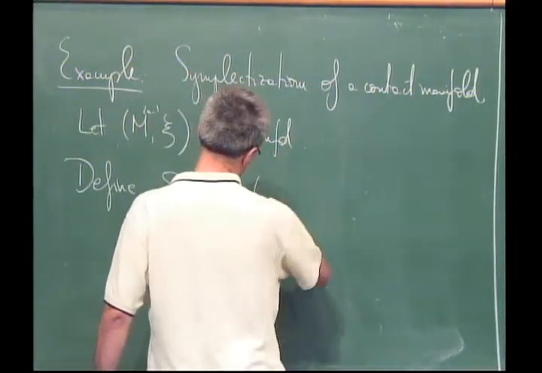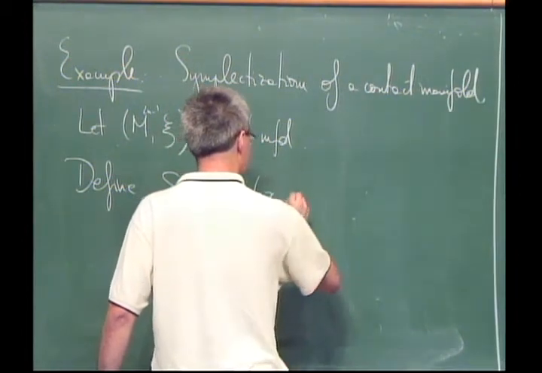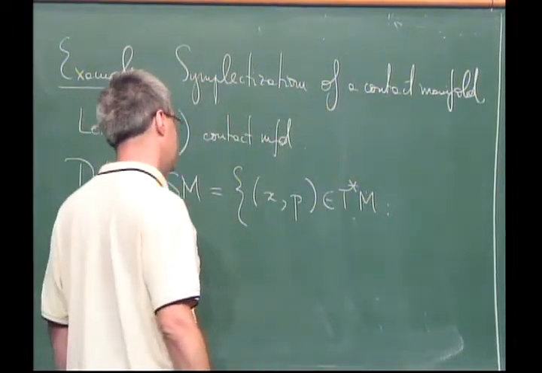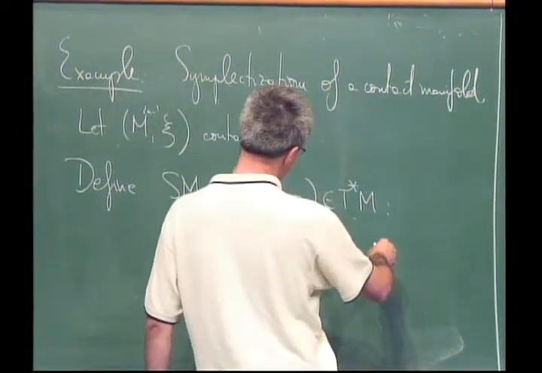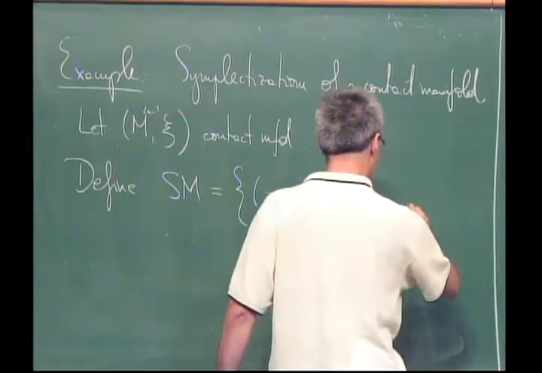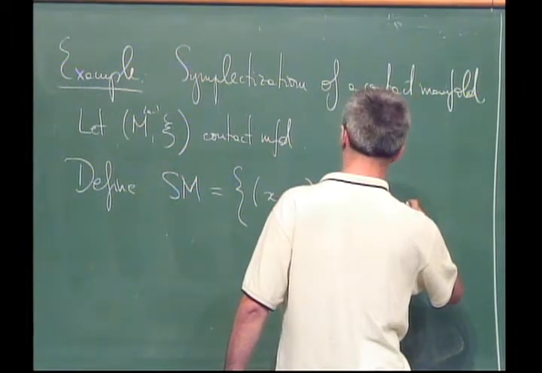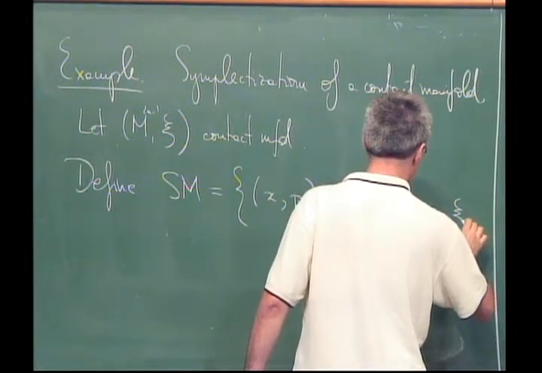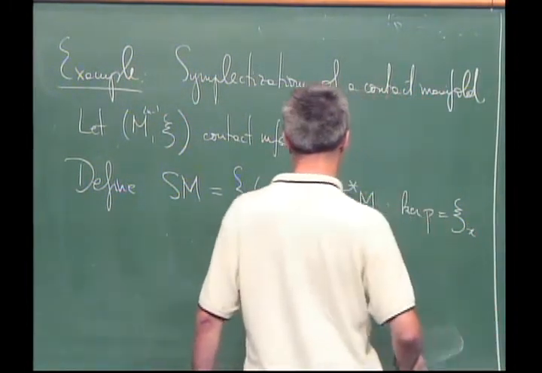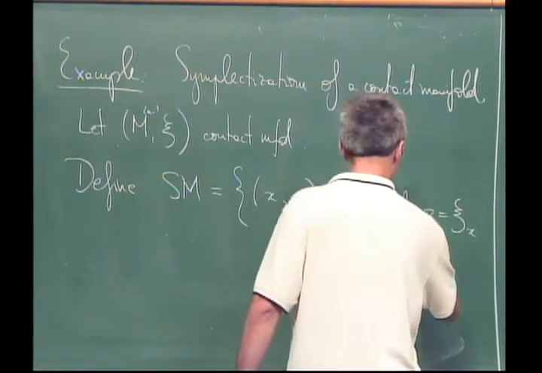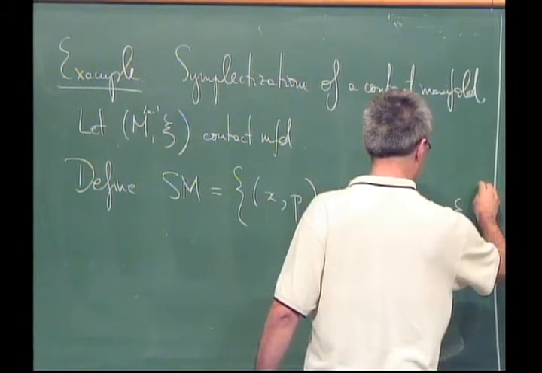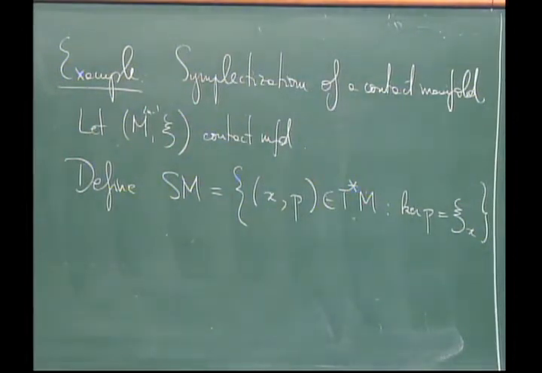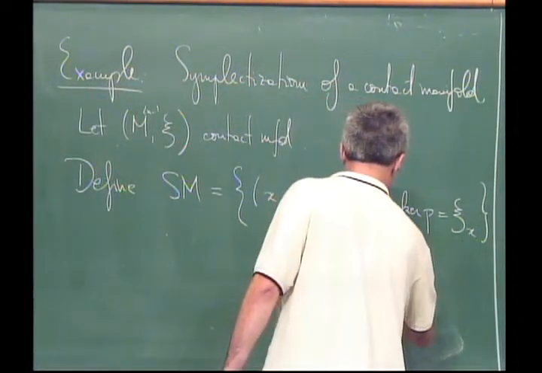It's going to be the (x, p) in T*M such that the kernel of p is xi at x. So that's a subset in T*M.